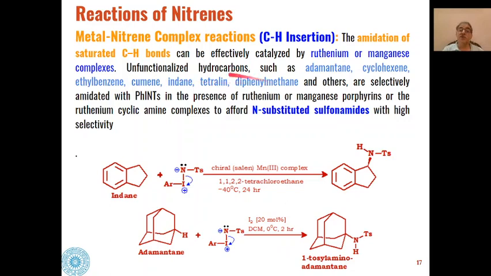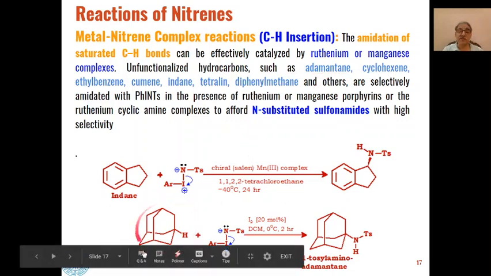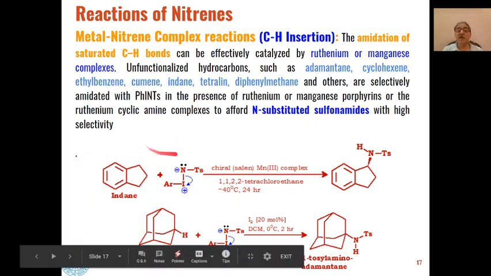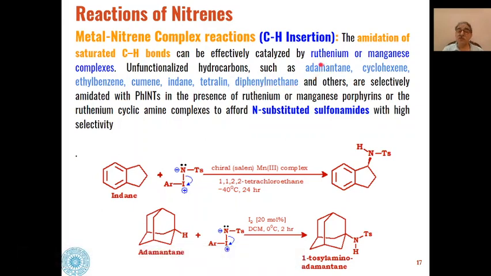And the most commonly used substrates in these types of reactions are adamantane, cyclohexene, ethylbenzene, cumene, indane, tetralin, diphenylmethane. So all these are hydrocarbons. This one has a carbon-carbon double bond, whereas all the others are saturated.